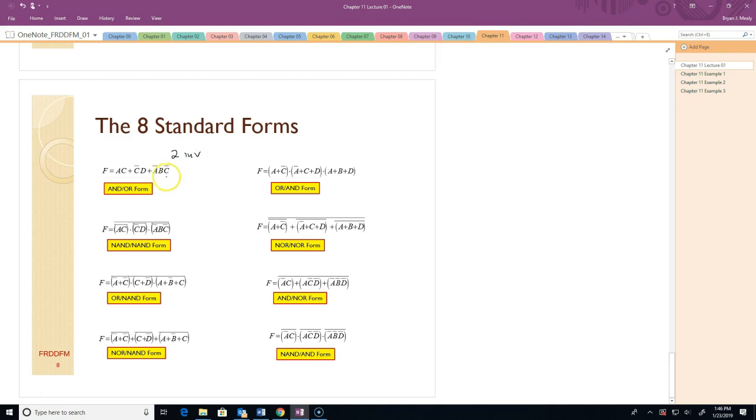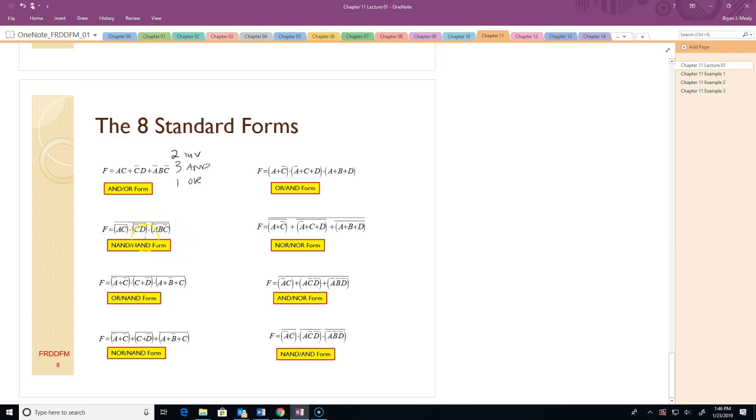Okay, so that's an inverter for A, an inverter for C. I can reuse the C value, so I don't need 3 inverters on this thing. I need 3 AND gates, and I need one OR gate. Okay, so I'm not really including the number of inputs on this, I'm just doing it based on gate count. So for this thing I need six devices.